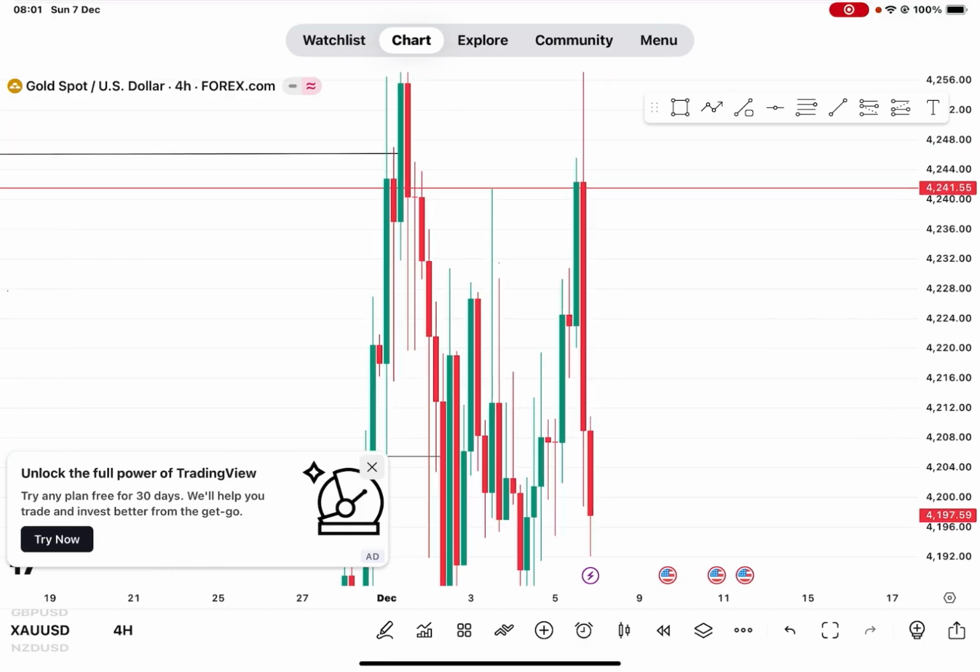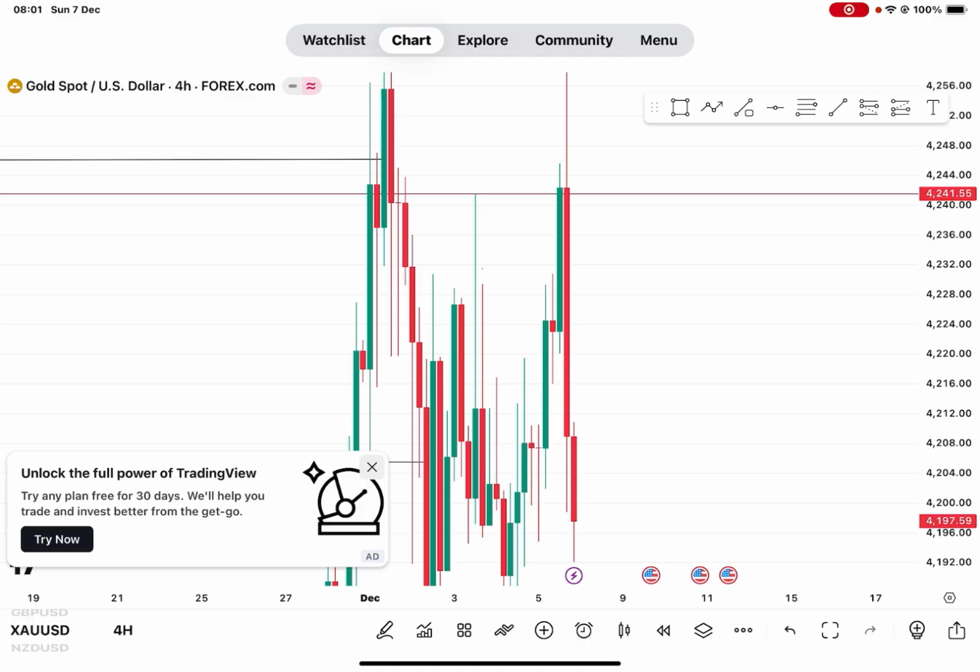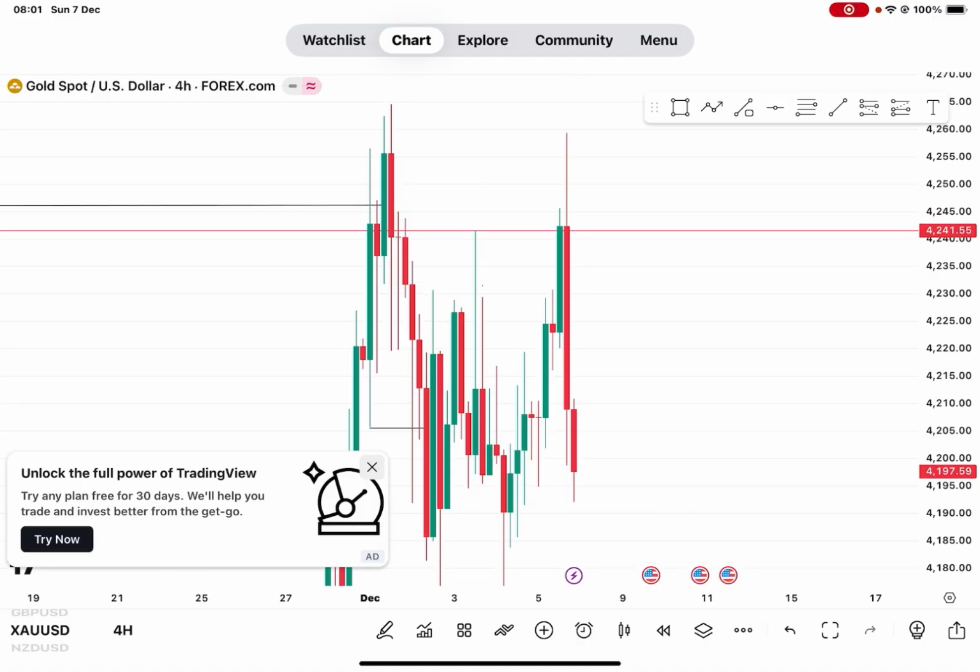You can see gold has broken it with the body, which tells us that gold is continuing in its bullish move. In our daily, we saw that gold attempted to break the previous high, but it refused to break it the first time, and then it tried a second time.